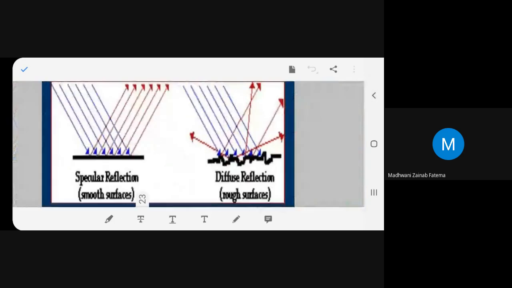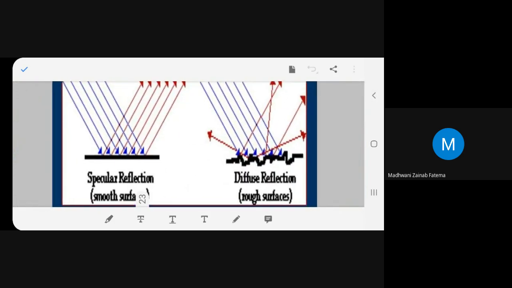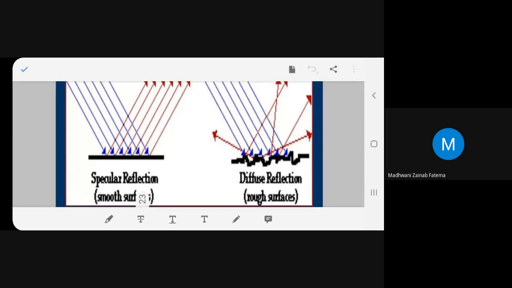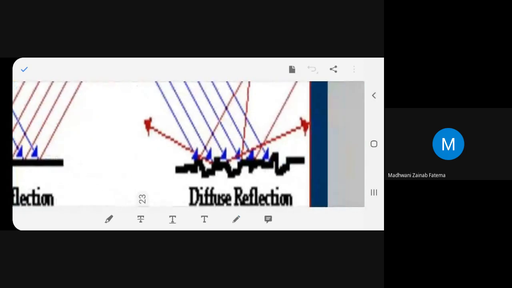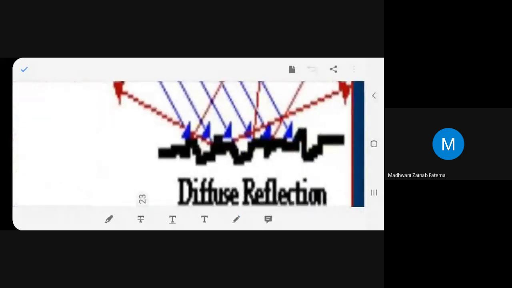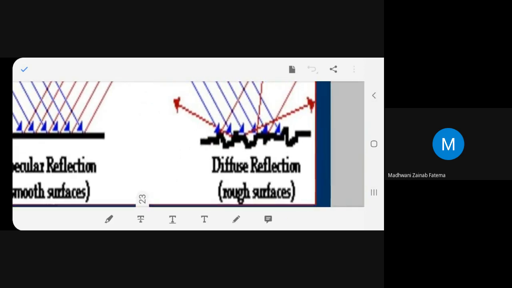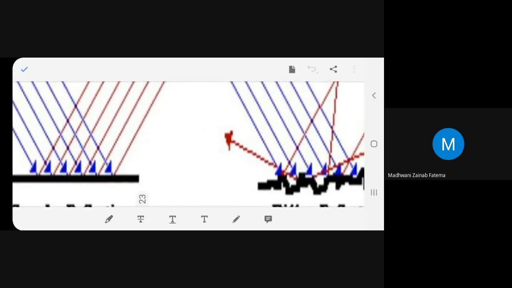So you got two types: one is on a smooth surface and the other is on a rough surface. You can see the surface over here is straight, a smooth surface. And what you see over here is a rough surface. Can you see this surface? In a smooth surface, you get uniform reflection.